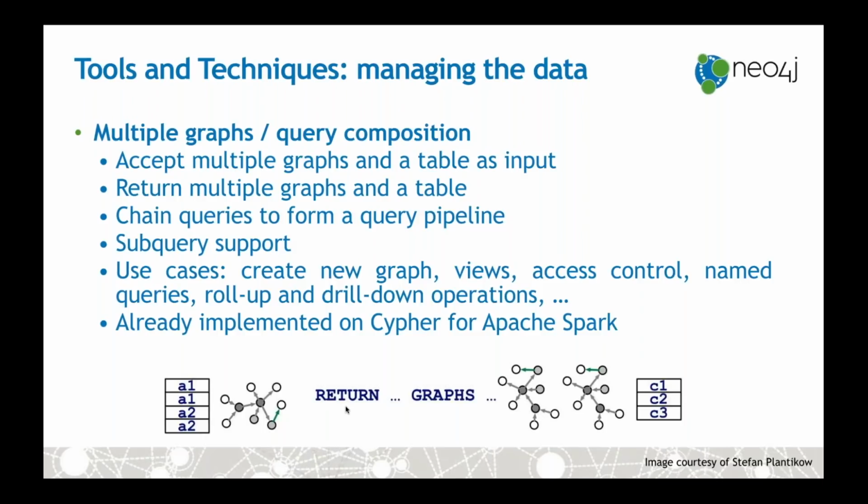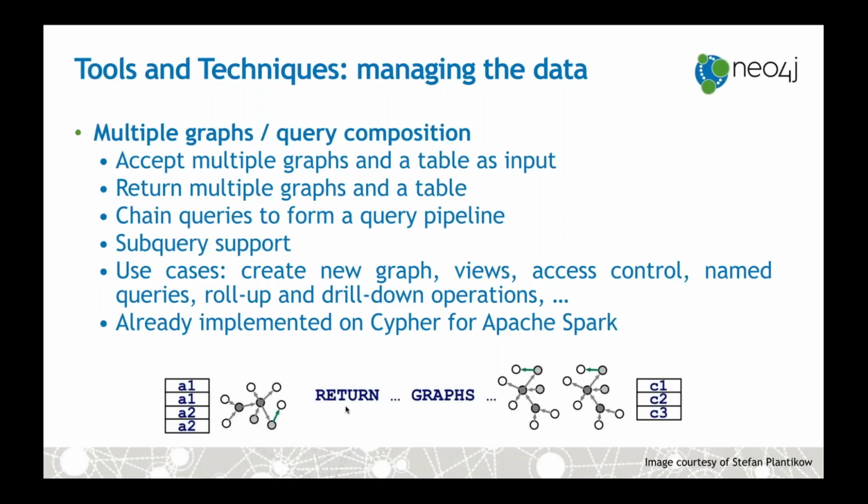Essentially what multiple graphs is all about is the ability in Cypher to accept multiple graphs as input and also a table as well, because sometimes we find that having a table can drive the generation of new graphs. It also lets a Cypher query return multiple graphs and also a table if you want. So this is very powerful. As you may know, in Cypher at the moment we're only ever able to return data in a tabular format, right?